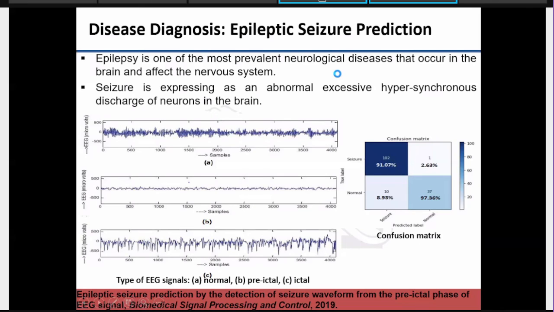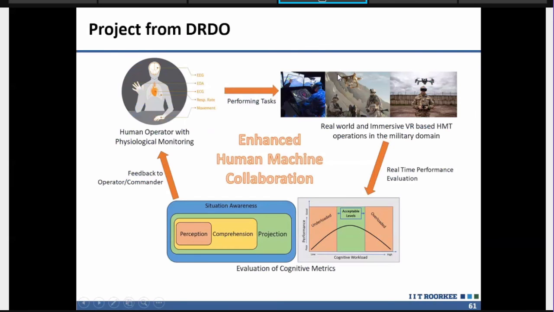We also have another project, from DRDO, where we are working on enhanced human-machine collaboration. If people in the army are on the military front, the war front, how can this machine and human collaboration be effective?